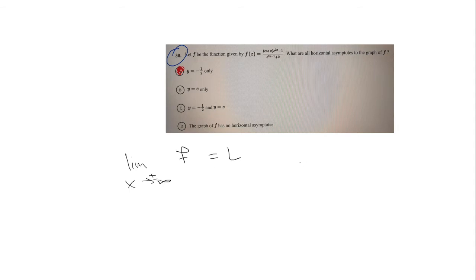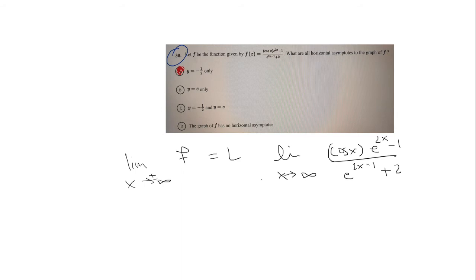So let's see. First, we'll take a look at x approaching positive infinity. So that would be cosine of x times e to the 2x minus 1 all over e to the 2x minus 1 plus 2. So the approach here is, in the long run, what is this function going to look like?